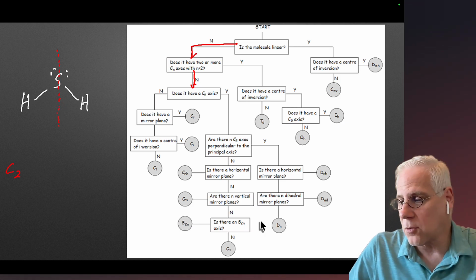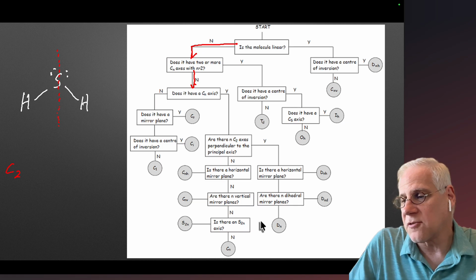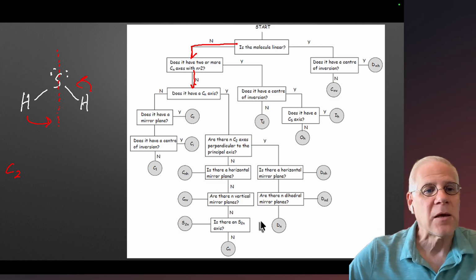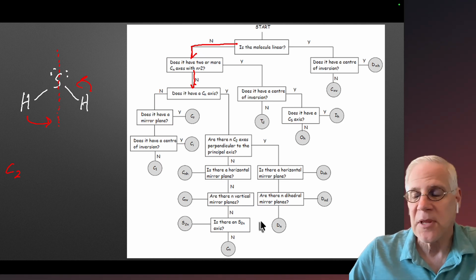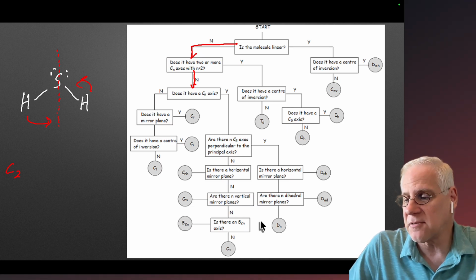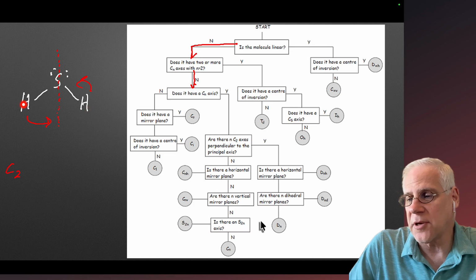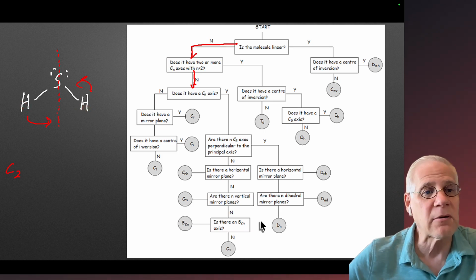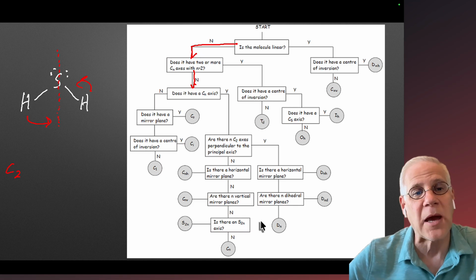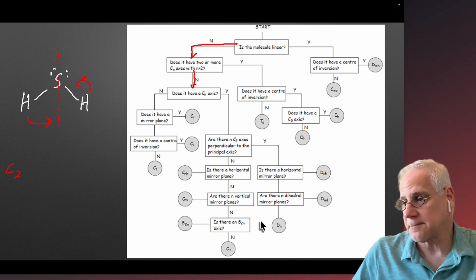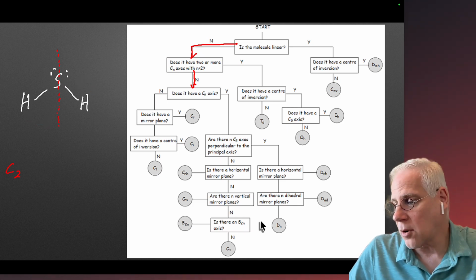Okay, so if I were to rotate this molecule this way, and that one goes back that way. If it's a C2, that means I would rotate it 180 degrees. And if I rotate it 180 degrees, this hydrogen comes over here, and this hydrogen comes over here, and I still have the exact same picture. And so that tells me I have a C2 axis. So our answer was yes.